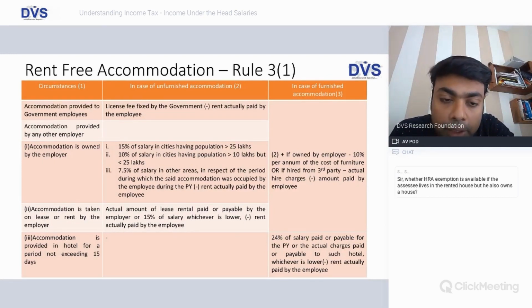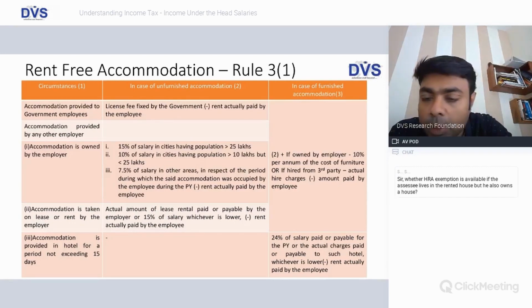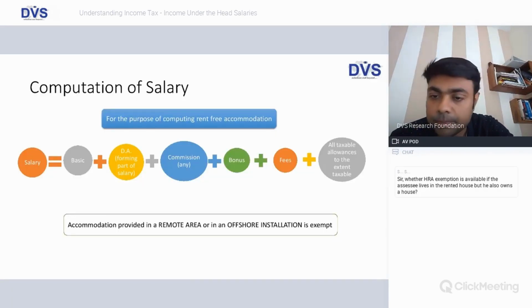This will apply only where accommodation is given as a residence. Say you go from Chennai to Bangalore for a small assignment of 1 month or 1.5 months, and your employer gives you hotel accommodation. That will not come under this. But if you're shifting from Chennai to Bangalore, your place of posting now becomes Bangalore, and there you stay in a hotel for 2 months, automatically, beyond 15 days, this will be subject to tax.